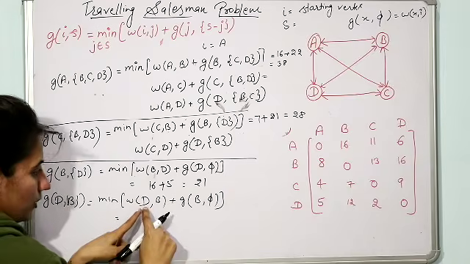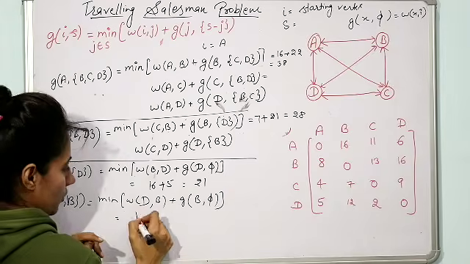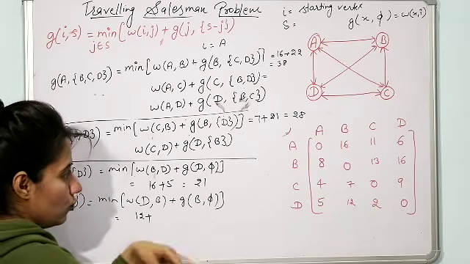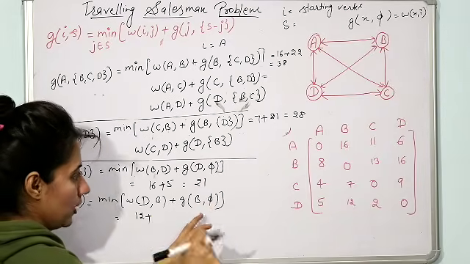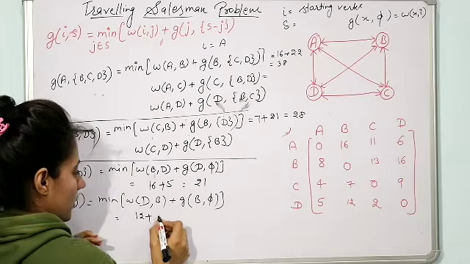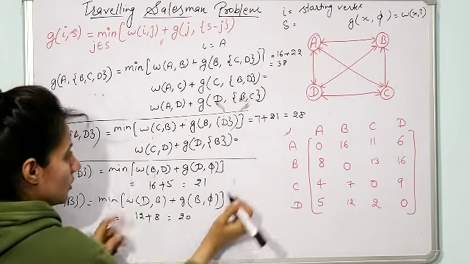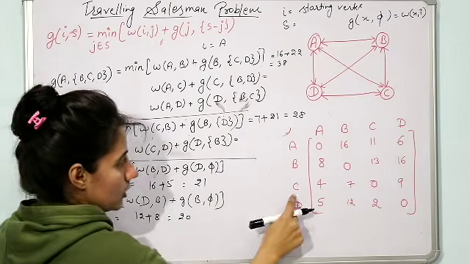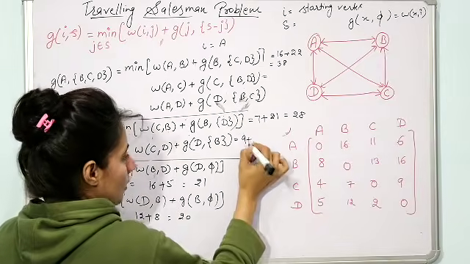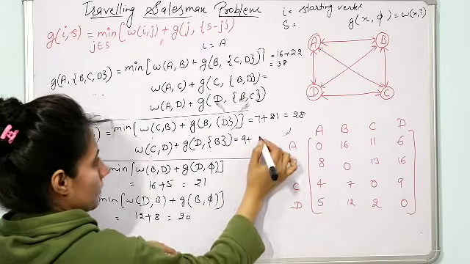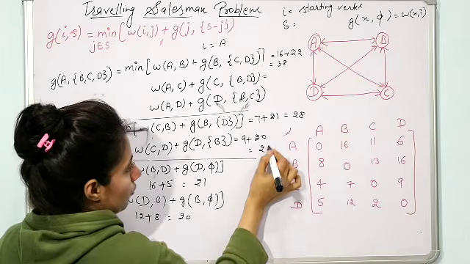Now weight of D to B is 12, plus weight of B to A, that is 8, and here it is 20. Now weight of C to D is 9, plus the value of this function, which is 20, and here we have 29.